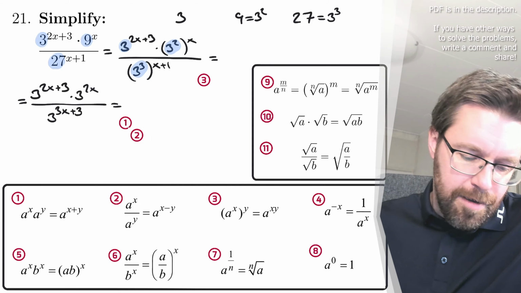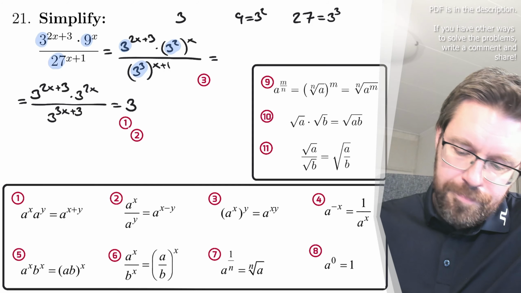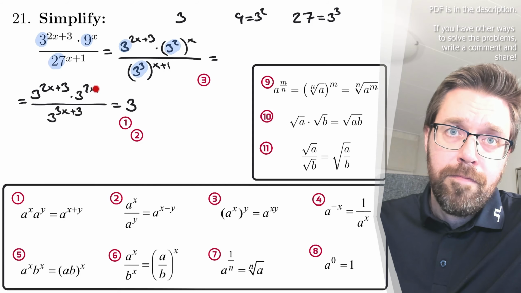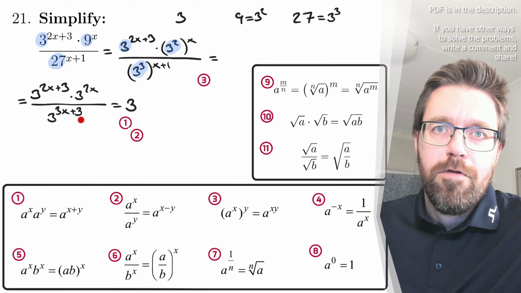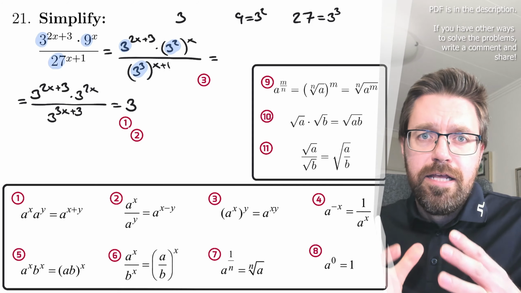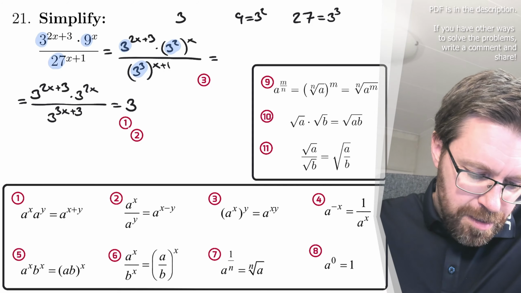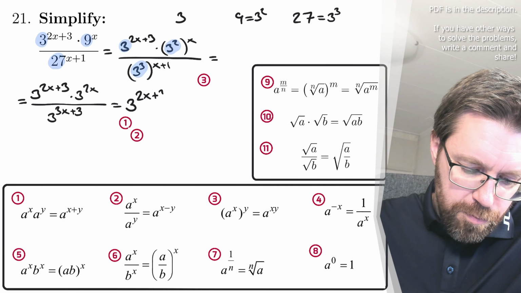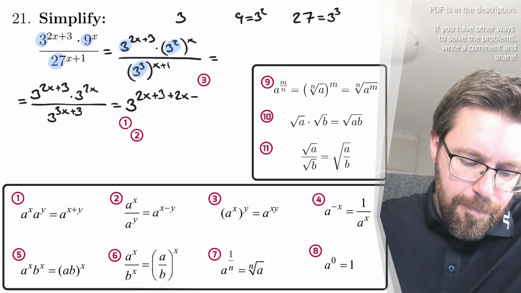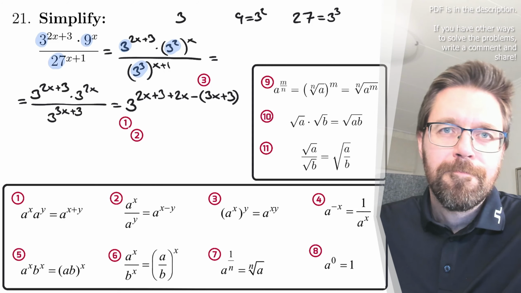So I can write it like this. I take 3, I add these two, and then subtract with this if I combine these two rules. So 2x plus 3 plus 2x, and minus a parenthesis with the 3x plus 3.